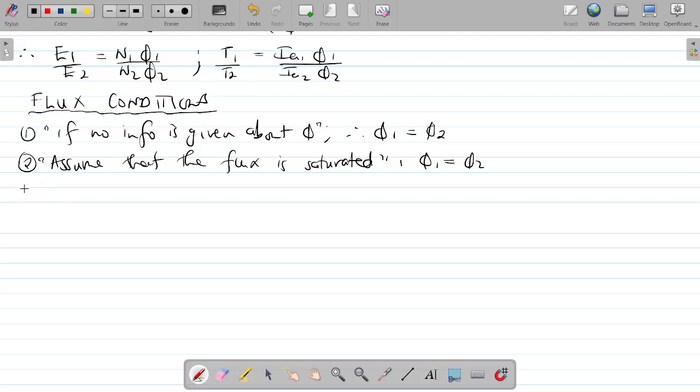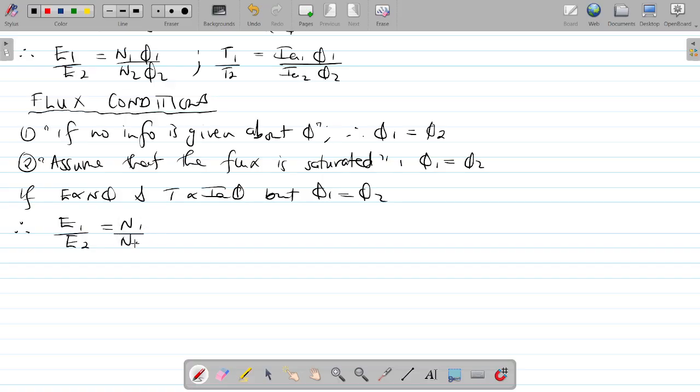So if EMF is proportional to speed and flux, and torque is proportional to armature current and flux, but we are saying flux 1 is the same as flux 2. Therefore, in the formula for EMF, you do not need to substitute flux.